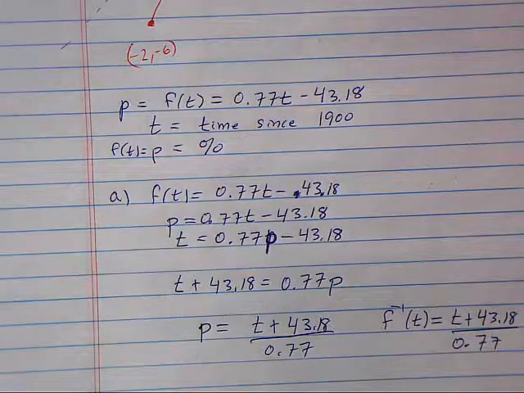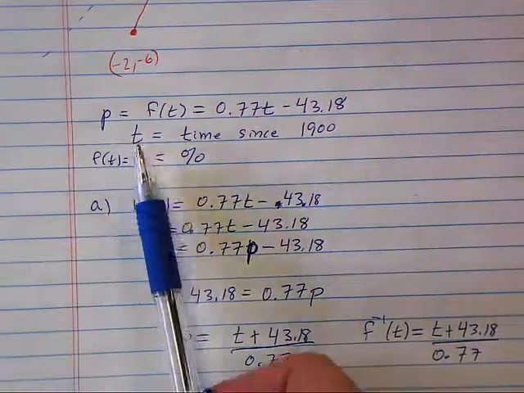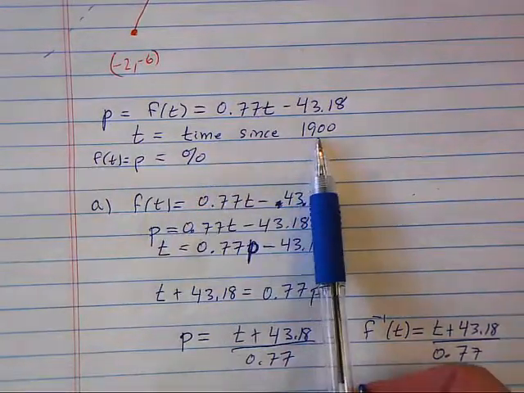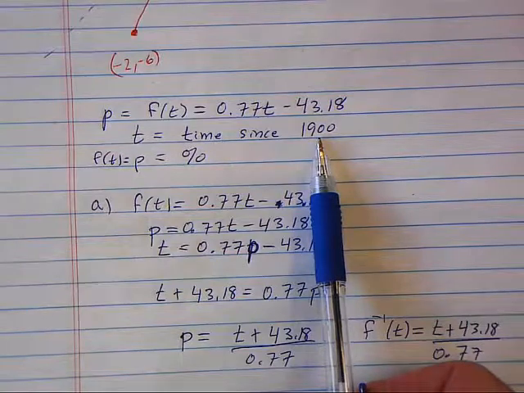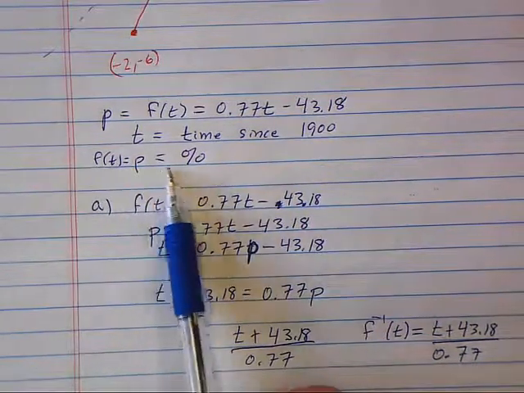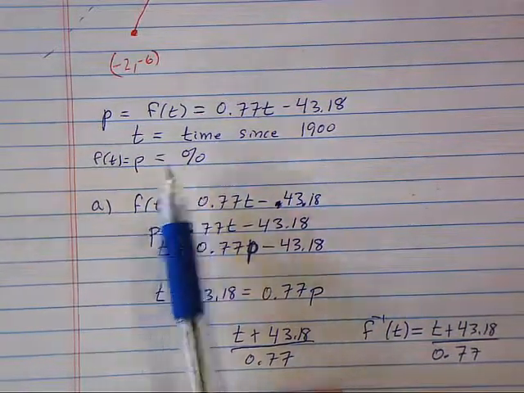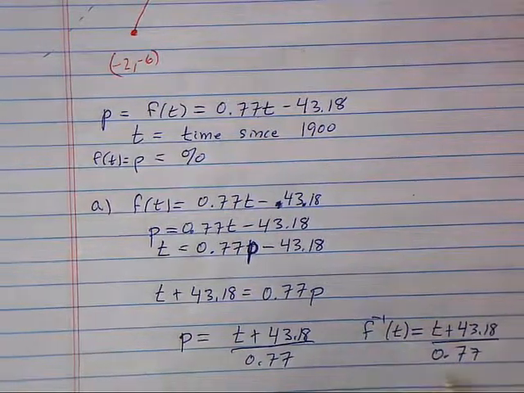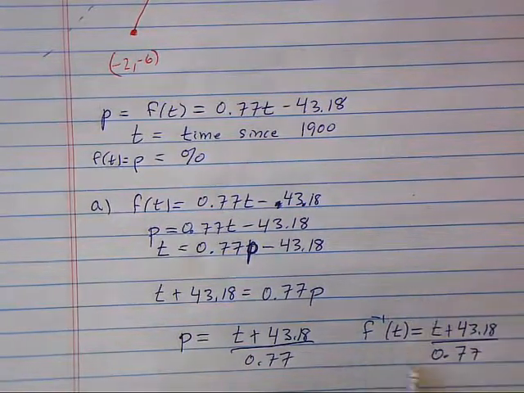But now we need to be very careful because things get confusing. In the original problem, t stood for what? Time since 1900. And p stood for percent. What happens when we find the inverse? They switch.